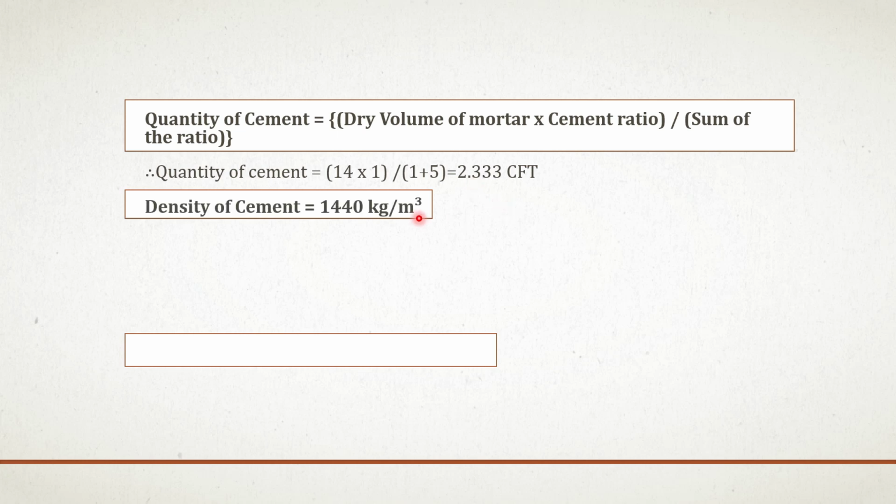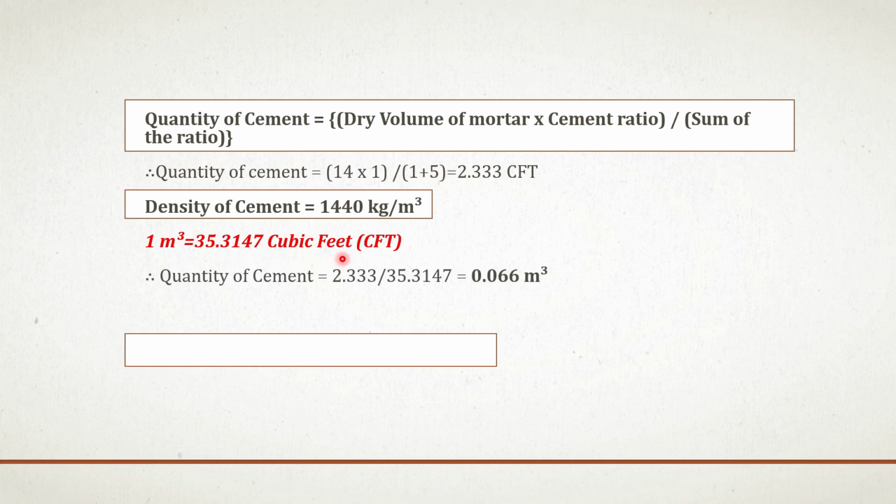Since we already know that density of cement is 1440 kg per meter cube, and 1 cubic meter equals 35.3147 cubic feet, to get the weight of the cement, we have to convert this cubic foot value into meter cube.